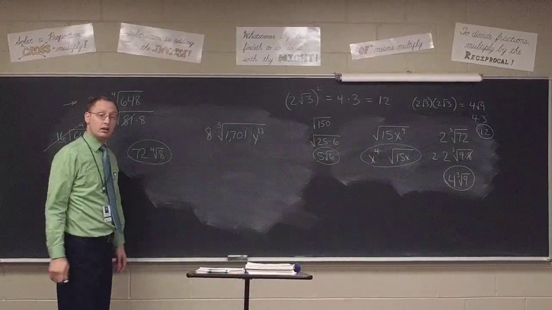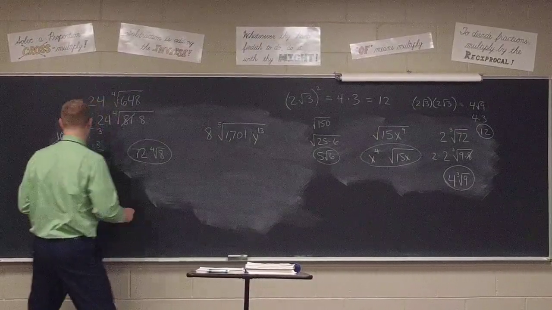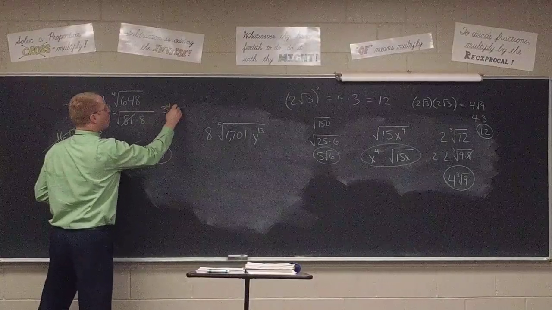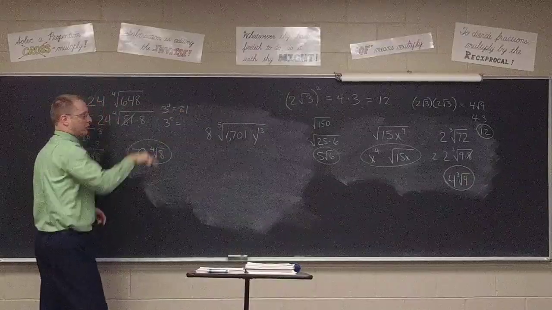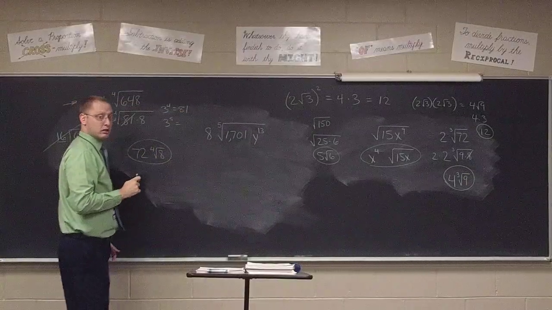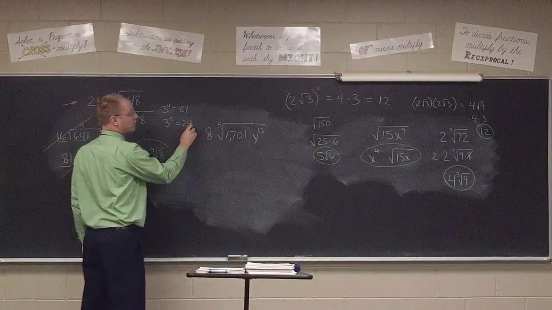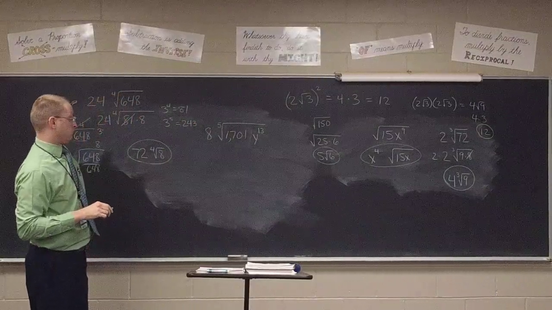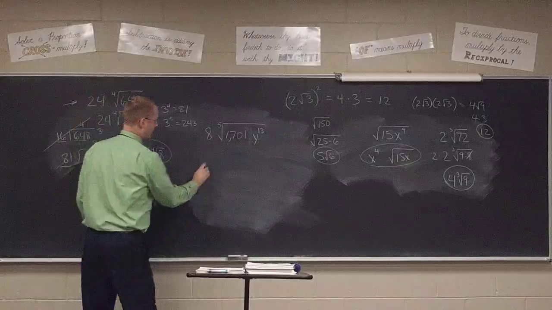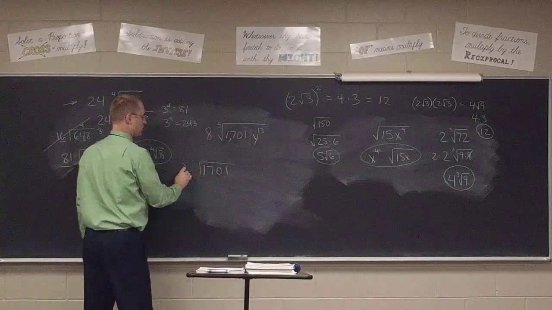Maybe we try 3 to the fifth. Now, remember, 3 to the fourth was 81. So 3 to the fifth would just be another 3. 243. Let's try 1701 divided by 243.